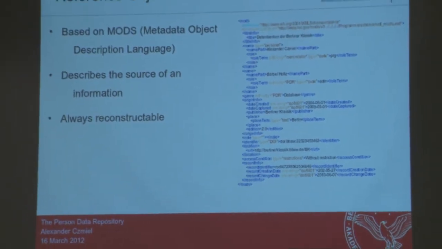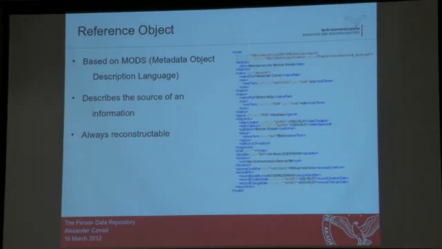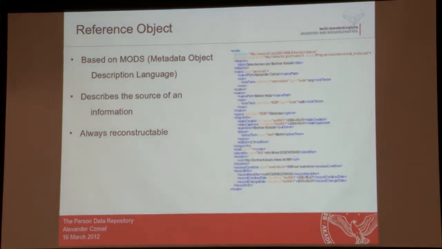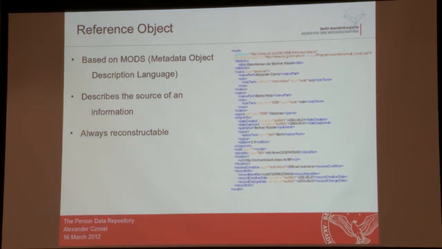So, now let's have a look at these objects in detail. We start with the reference object, which is the only object where we use an existing modeling scheme, the Metadata Object Description Schema, which is fine for us for describing digital objects.